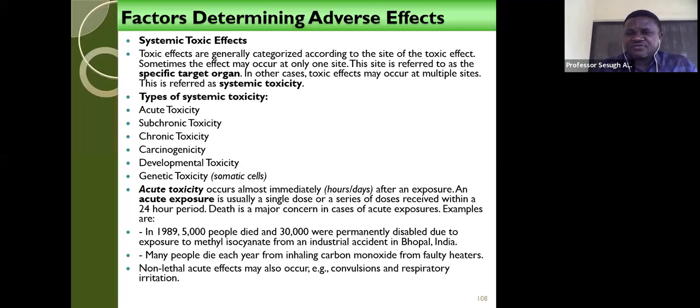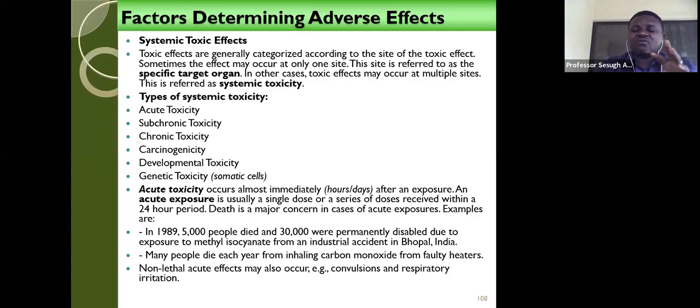This site is referred to as specific target organ. In other cases, toxic effect may occur at multiple sites. This is referred to as systemic toxicity. So if it happens at different sites, then it's referred to as systemic toxicity.